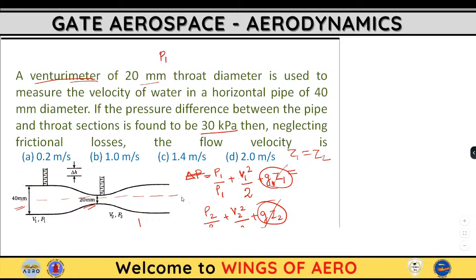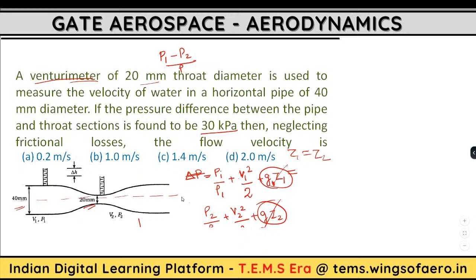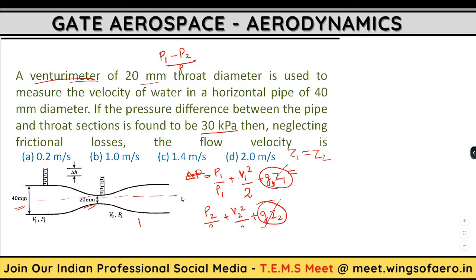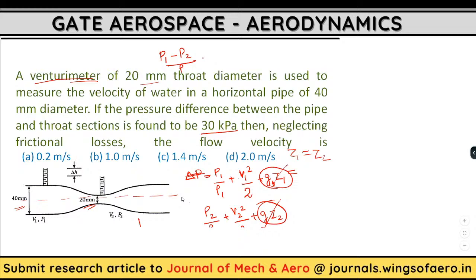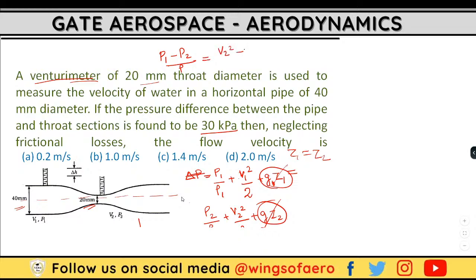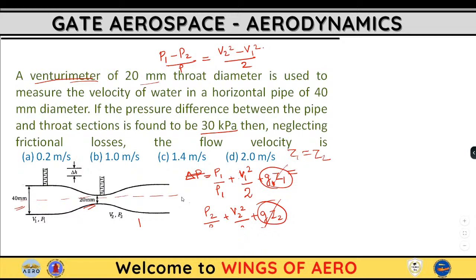It is (P1 minus P2) by rho, and rho is also not given, so let's consider the density is constant, equals (V2 square minus V1 square) by 2. Can I write it in this way? Right?